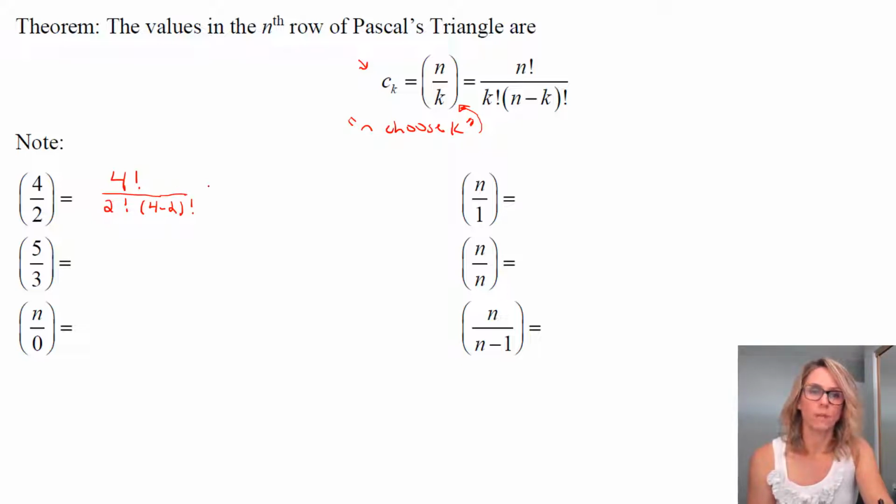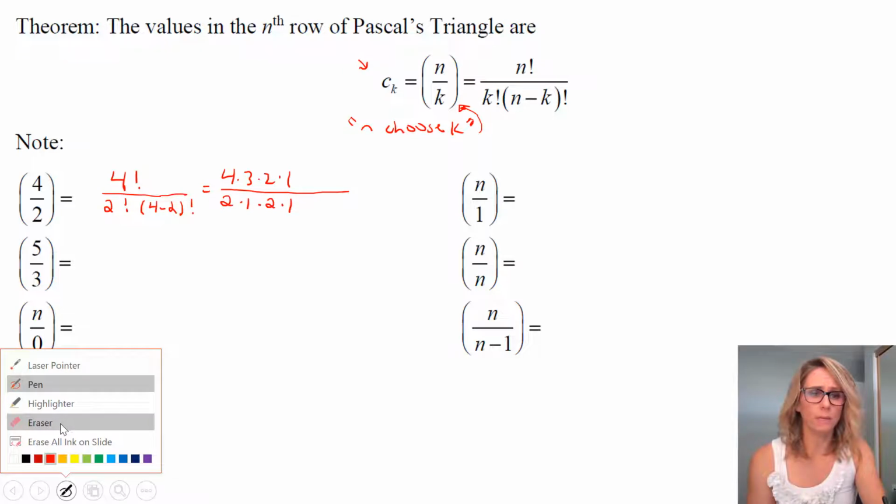That's it. So we have 4 times 3 times 2 times 1 over 2 factorial, which is 2 times 1. You don't have to write the 1 if you don't want, but 2 times 1. And then 4 minus 2 is 2, 2 factorial again, 2 times 1.